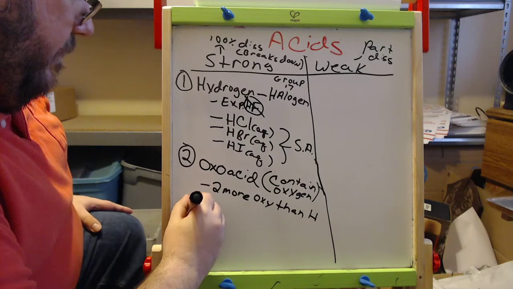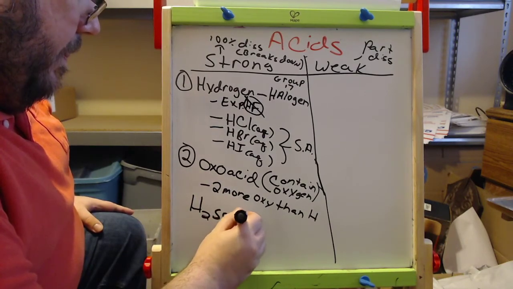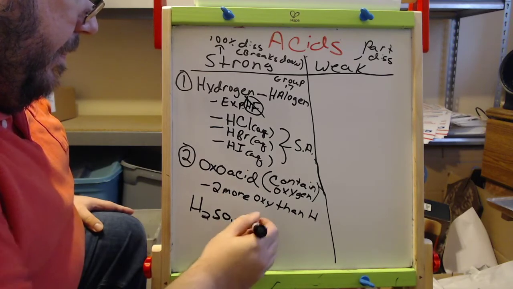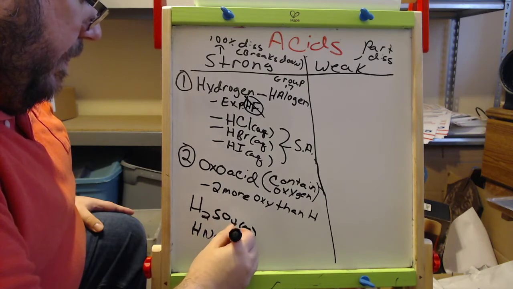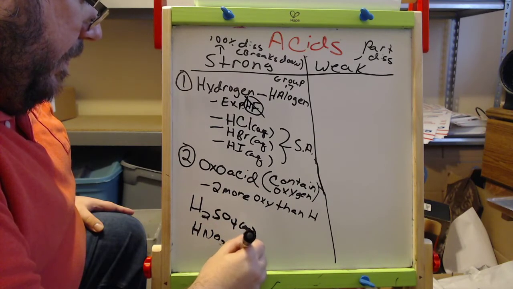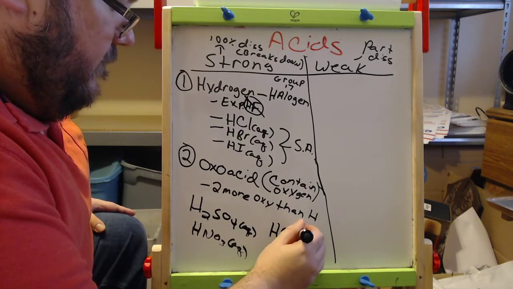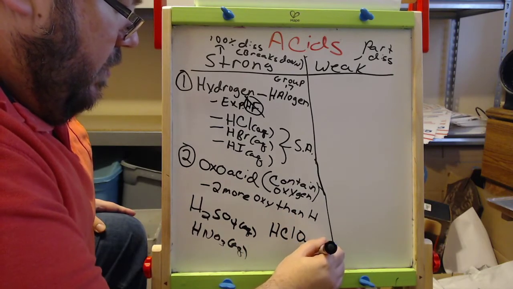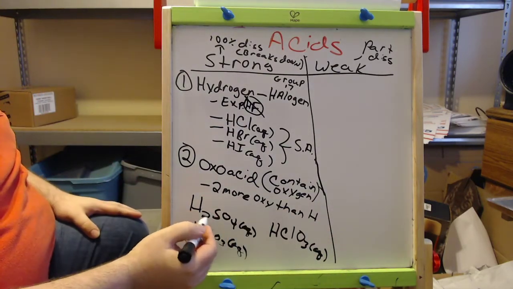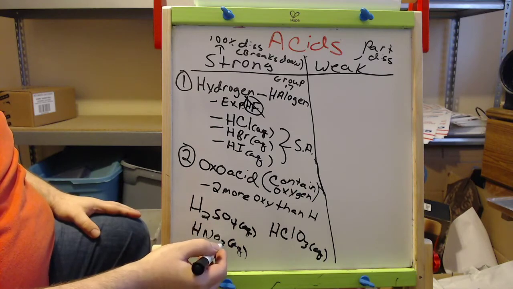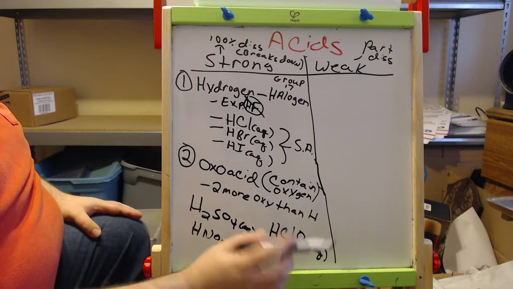So H2SO4, HNO3, HClO3 are all strong acids. The difference between oxygen and hydrogen is 2.